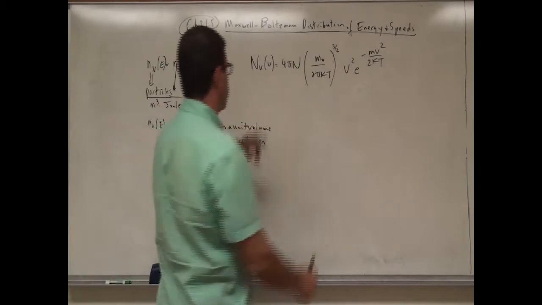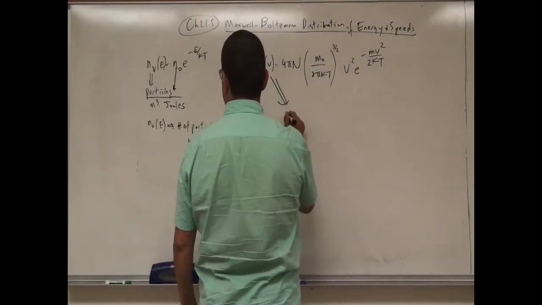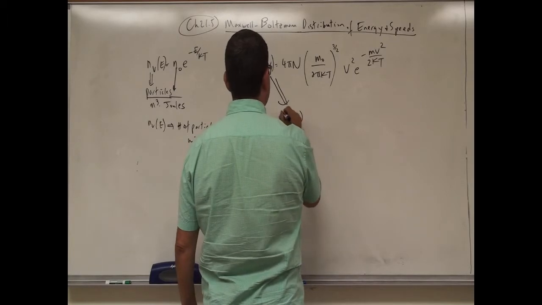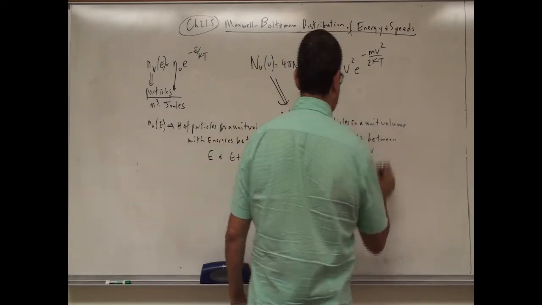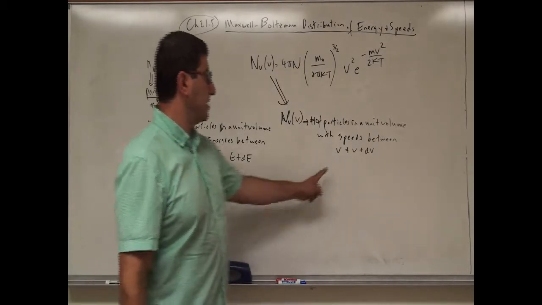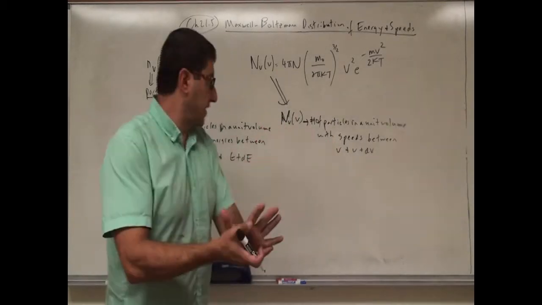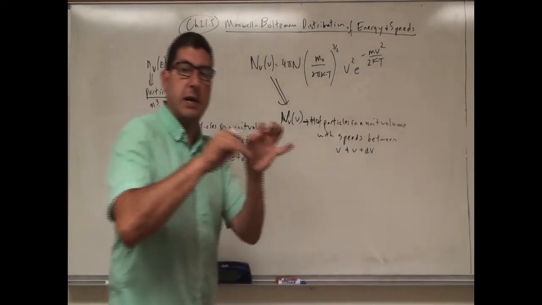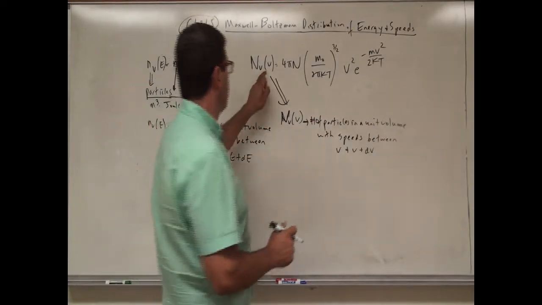Now this one also measures the same thing, but it's a little bit different. It's the N_V(v) that measures particles between speed v and v plus delta v, right? So instead of E and E plus delta E, it's the number of particles in the unit volume that are traveling at a speed between v and v plus delta v. So what are the units of that?